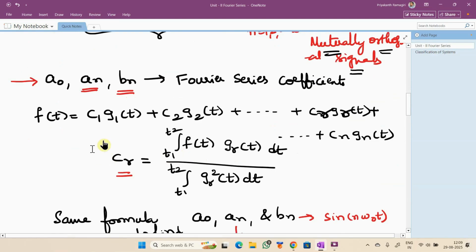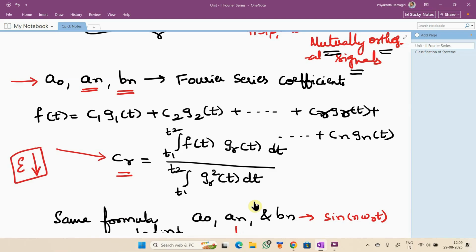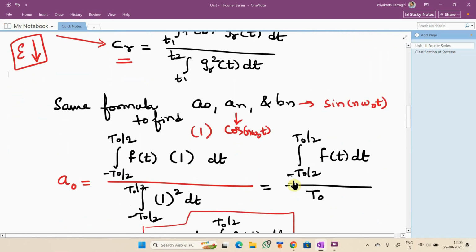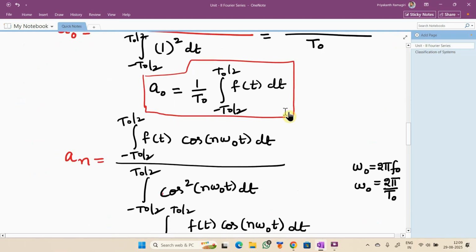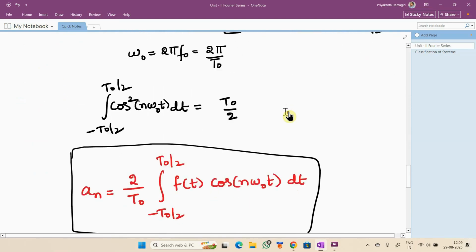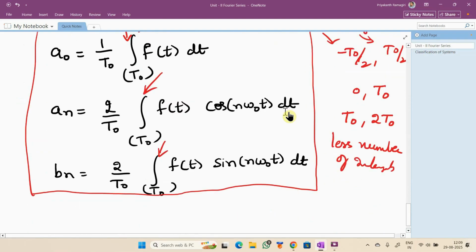We have used the formula which we derived in the first unit to find the coefficients. Why this formula? We derived it by minimizing the mean square value of the error function. Do you remember that? Yes, sir. That's why we are using the same formula for finding the coefficients a naught, an and bn, and finally you have got the respective formulas.